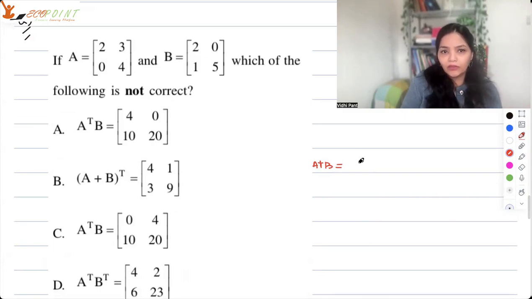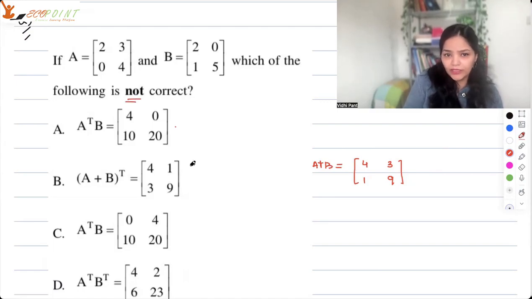So it's a quick calculation. A plus B is simply 4, 3, 1, 9. Is it anywhere close to this? The transpose of this is, yes, absolutely, actually correct. We want not correct. So this is not our option.